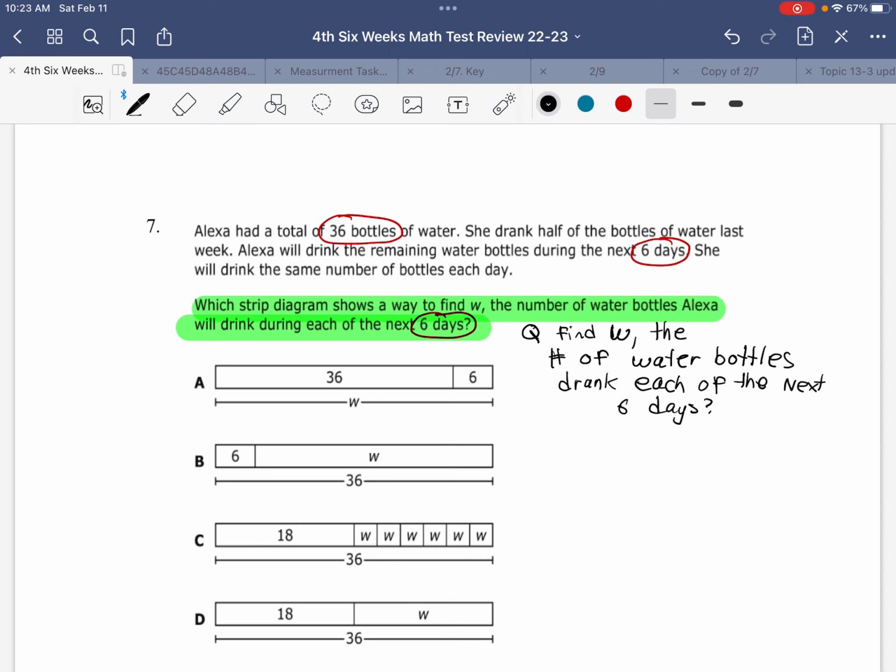Okay, so we're trying to find W, the number of water bottles drank each of the next 6 days. Okay, just so I can remember this is the question that they're trying to find.